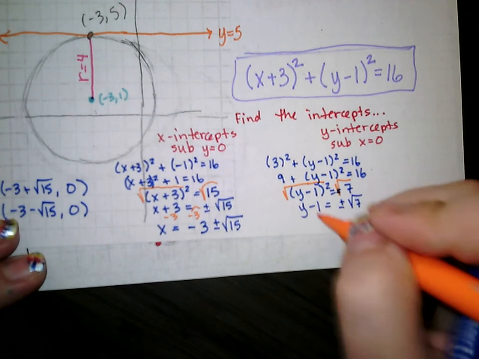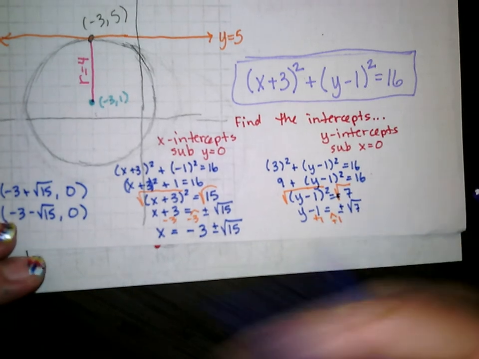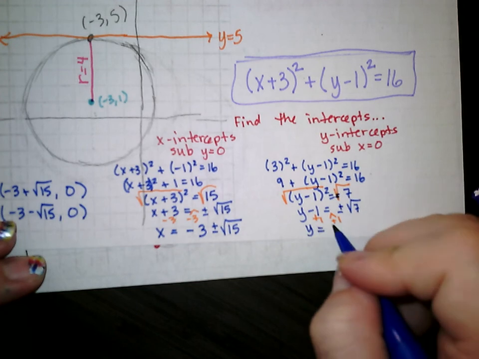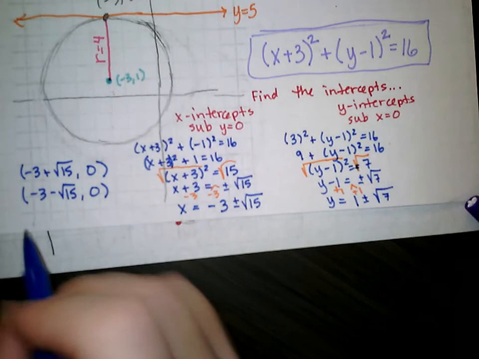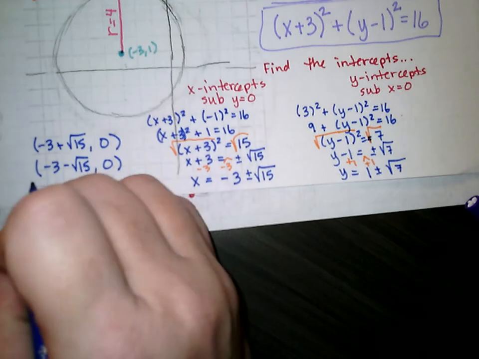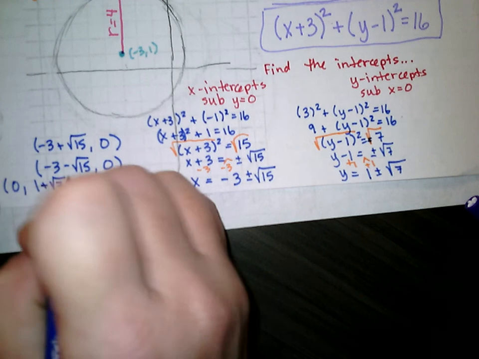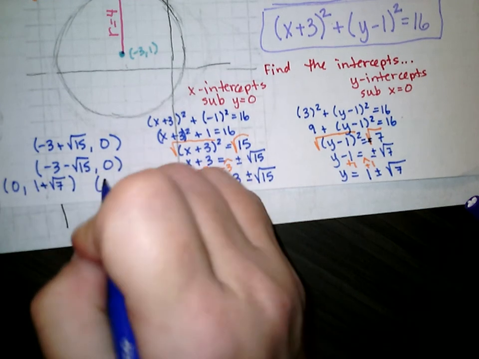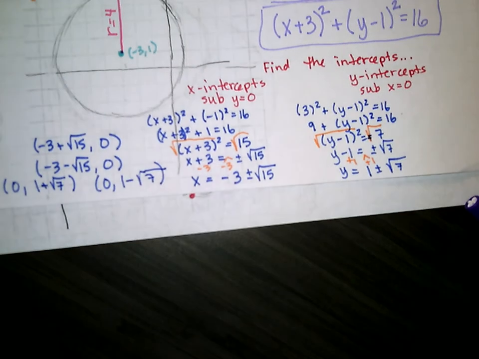Add the 1 over. Remember to put it in front of that plus or minus. So we have y equals 1 plus or minus square root of 7. So then my other two intercepts will be 0, 1 plus square root of 7, and 0, 1 minus square root of 7.